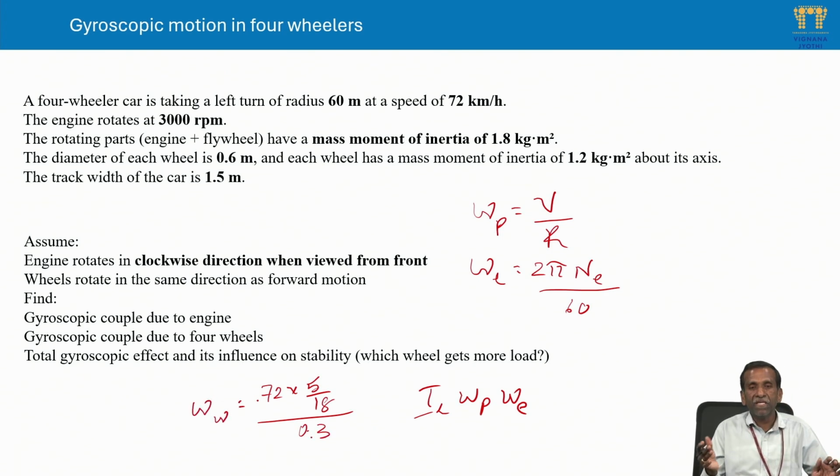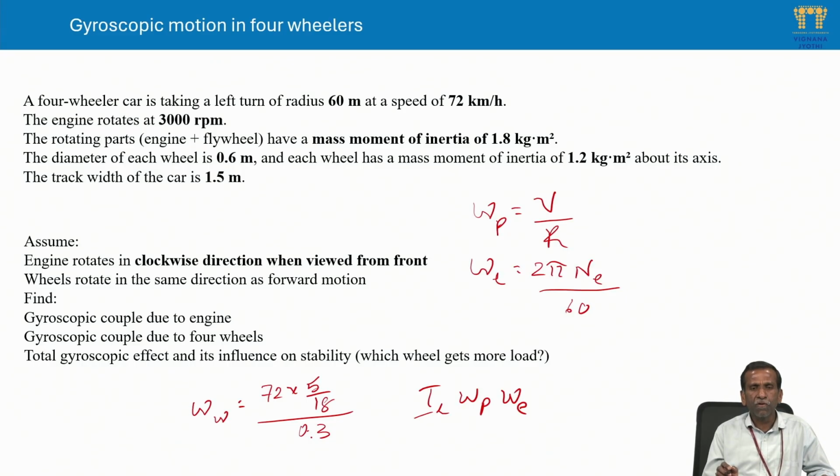Omega p is the same because the precession is the same for all. So I of the wheels, 1.2 kg meter square, into omega of wheels and into omega p will give the second one, the gyroscopic couple due to the wheels. I think you are able to understand.